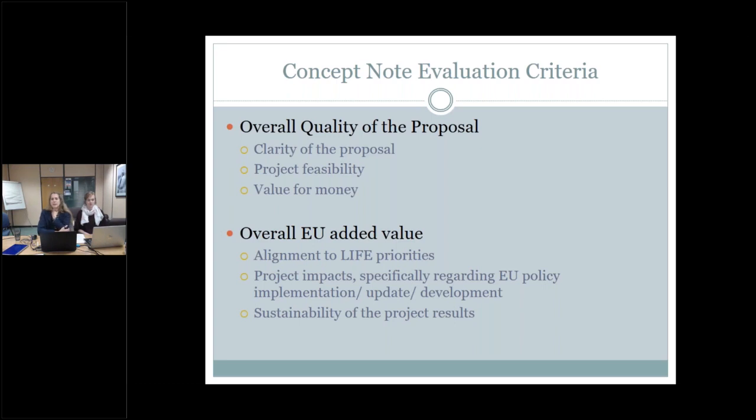The concept note must also indicate how the project partnership is constructed. Under feasibility of the project, the evaluator will look at if the project is feasible, and in that sense, the concept note must describe how, where, when, and by whom each of the main actions will be undertaken.